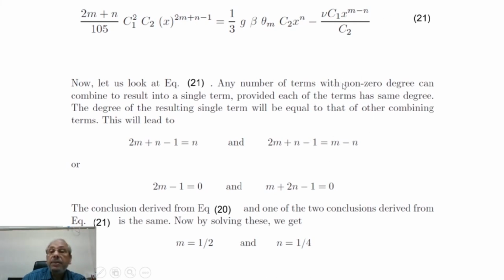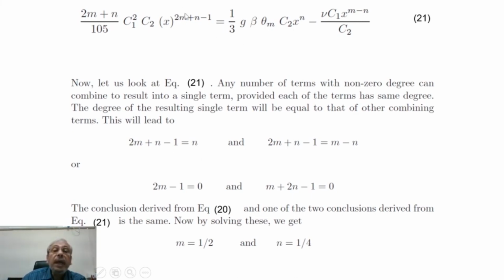Any number of terms with non-zero degree can combine to result into a single term, provided each of the terms has the same degree. The degree of the resulting single term will be equal to that of the other combining terms.